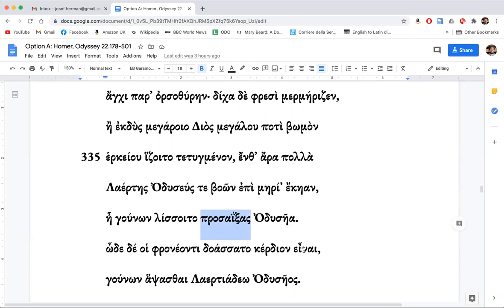So having rushed forwards, he should lysoita, he should beg. And again, this is optative because he's considering an option rather than describing a fact, whether he should beg Odysseus, Odyssea, literally of his knees, gounon is genitive plural, we would say something like by his knees.